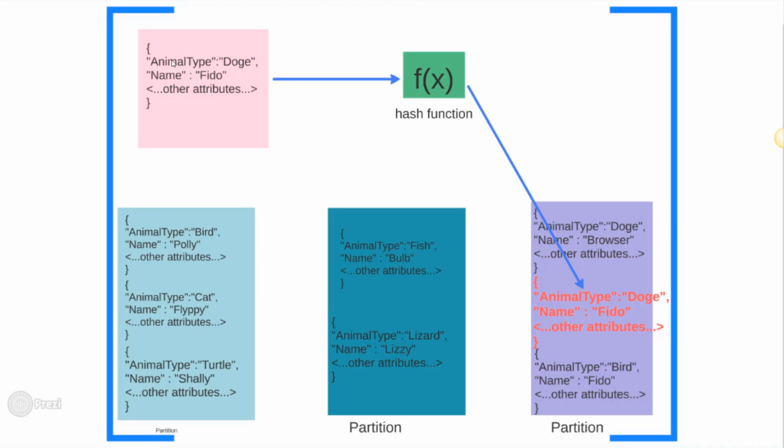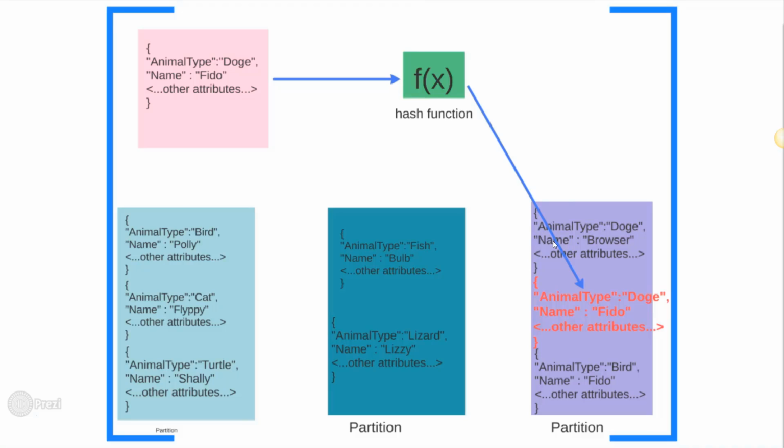DynamoDB calculates the hash value of the partition key in the same way as described in data distribution for a partition key. But it stores all of the items with the same partition key value physically close together, ordered by sort key value. So animal type is the partition key and name is the sort key.